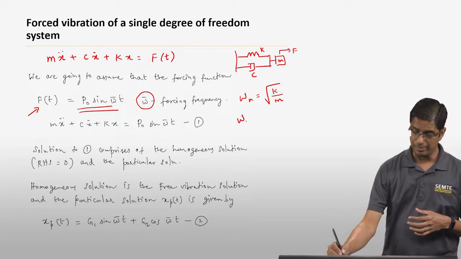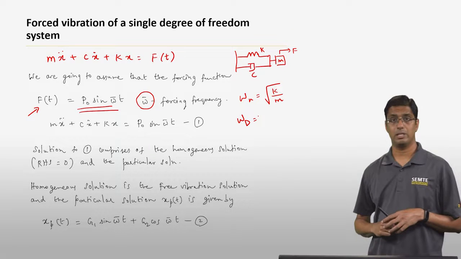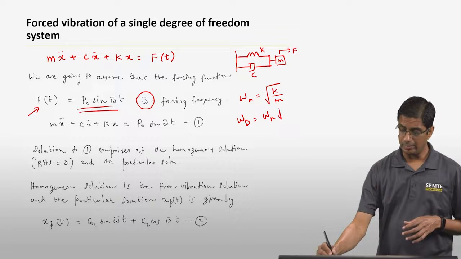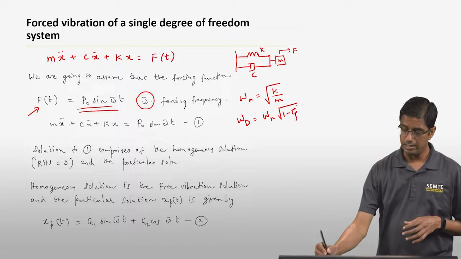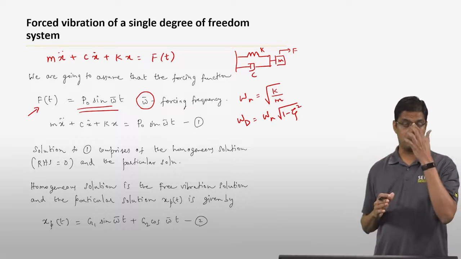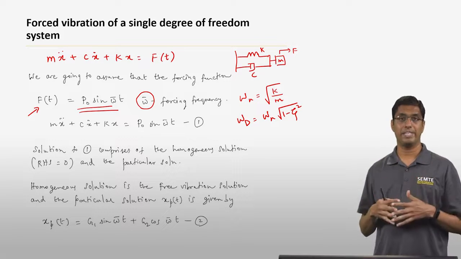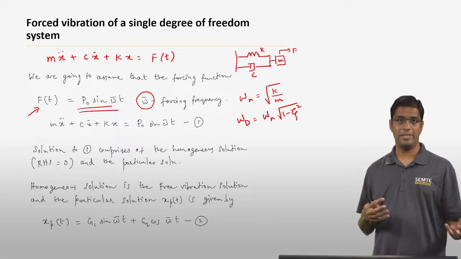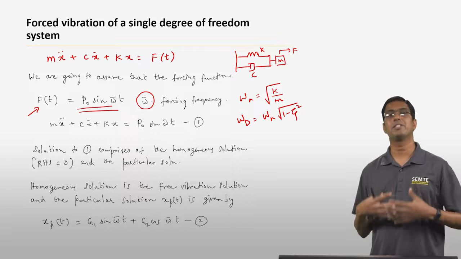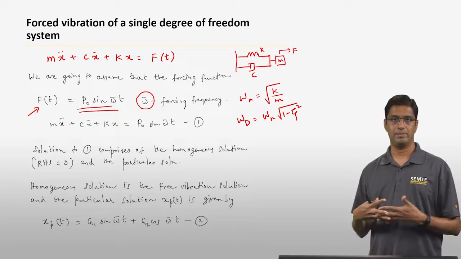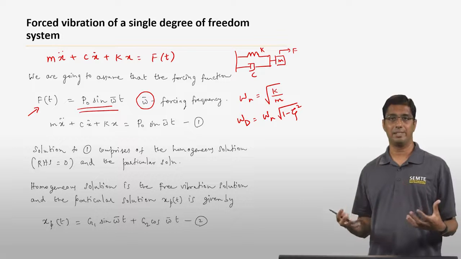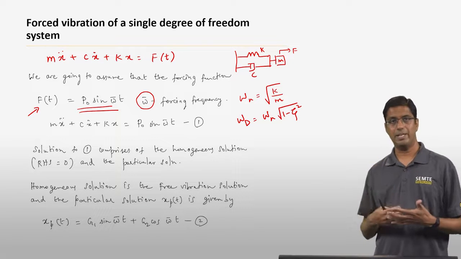The damped natural frequency that we also learned about in the previous lectures is omega n times square root of 1 minus zeta square, where zeta is the damping ratio. On the other hand, omega bar is not a system parameter. It is a parameter of the force that you are applying. In some sense, you control omega bar. Omega n and omega d are natural characteristics of the system, whereas omega bar is something that you control.